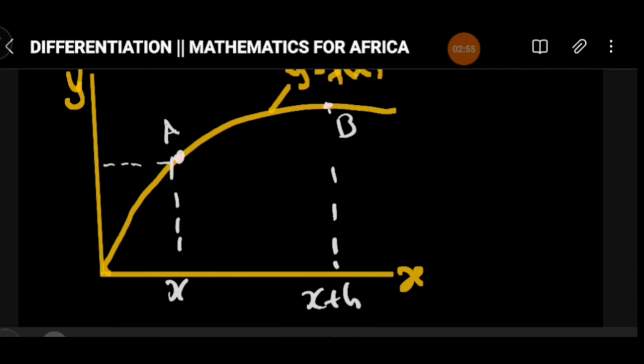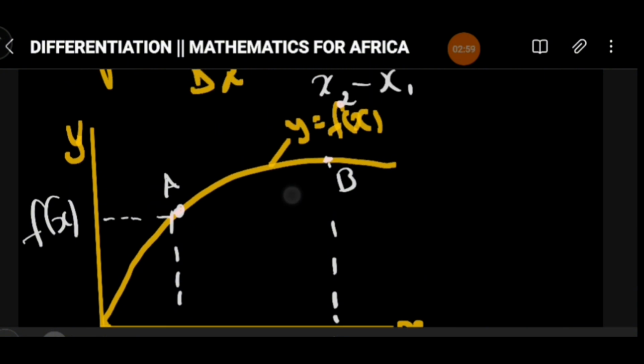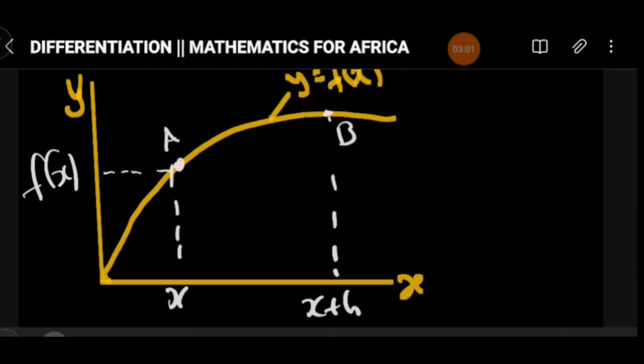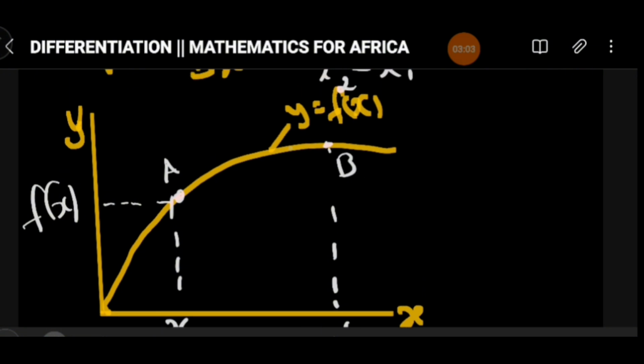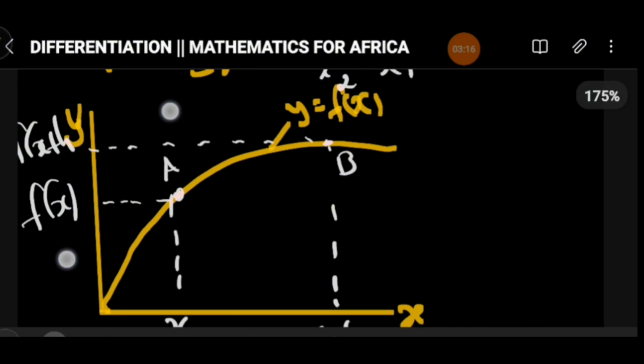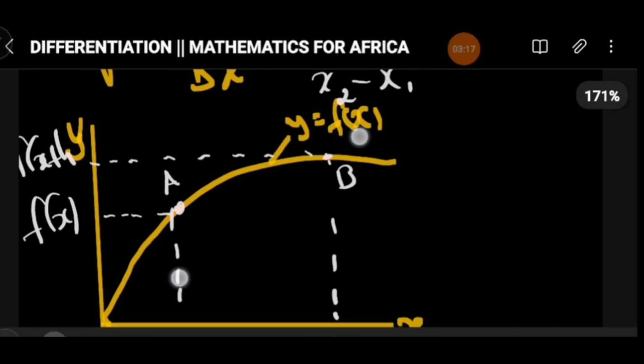Since we have the curve y equals f of x, the point here is y equals f of x, and the other point up there will be y equals f of x plus h.